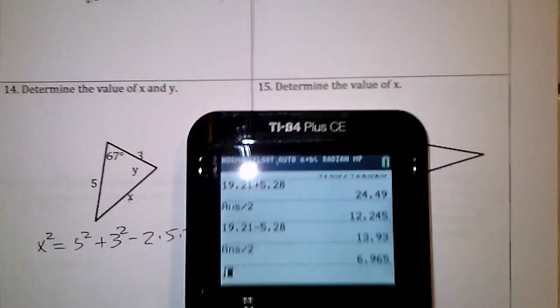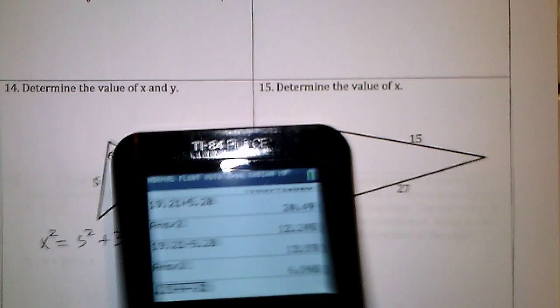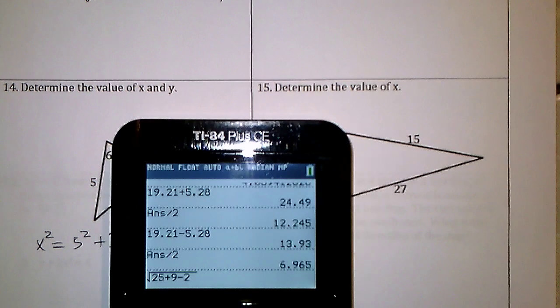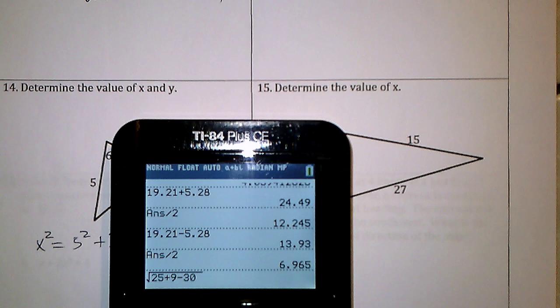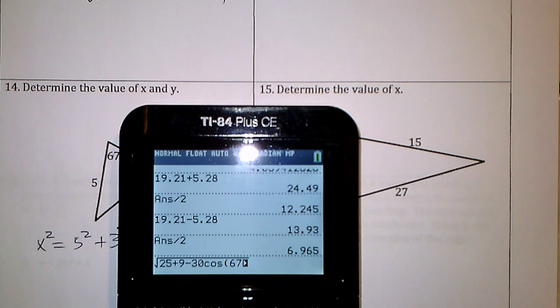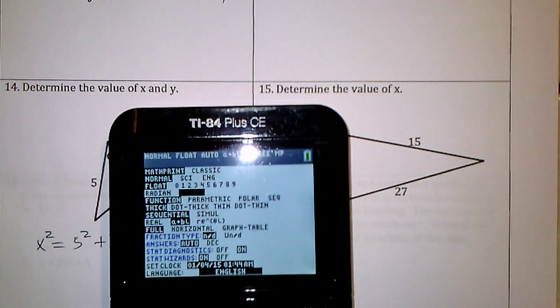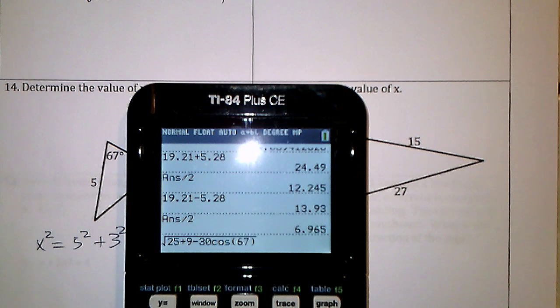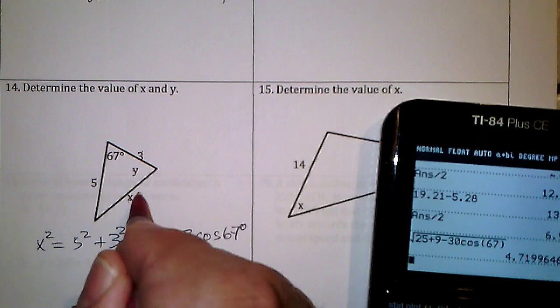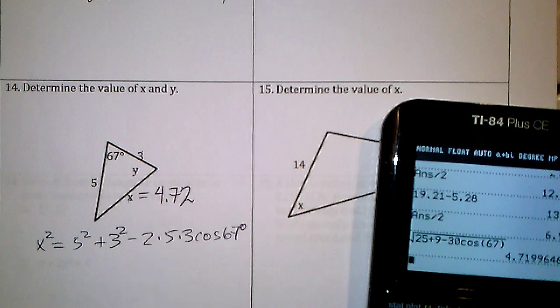Square root of 25 plus 9 minus 2 times 5 is 10, 30, cosine 67, close parenthesis. You know what I need to do here? I think my mode's still in radians from earlier, so I need to change to degrees. And I get x to be 4.72.